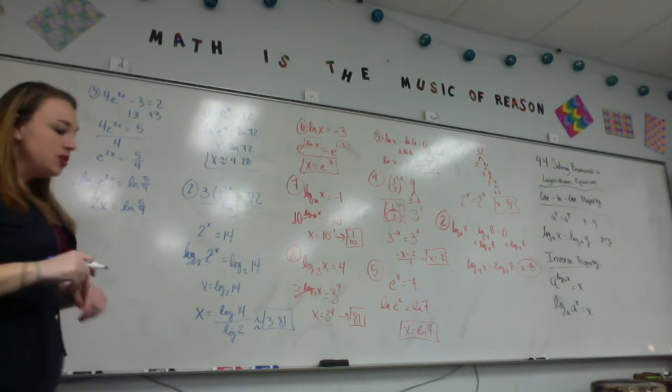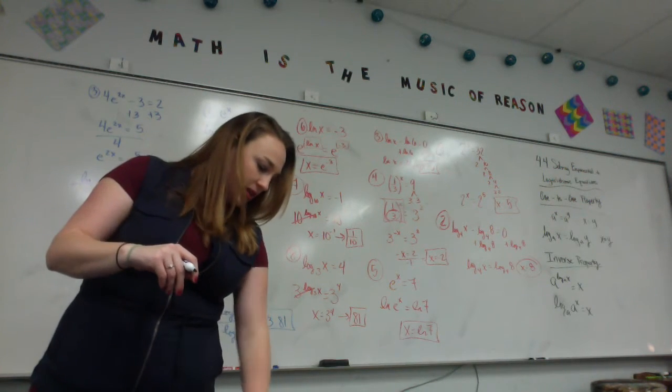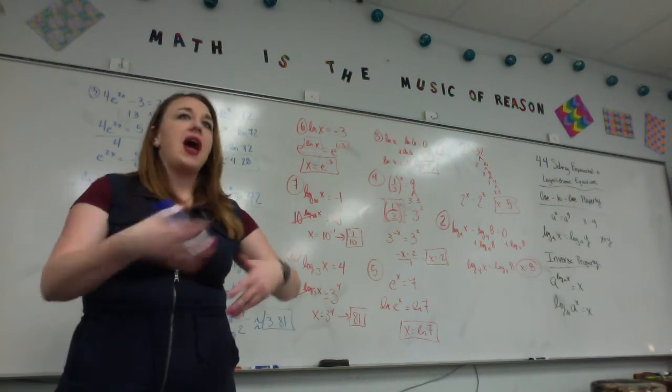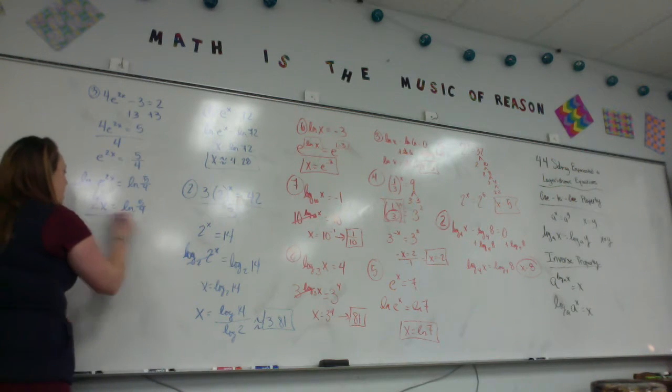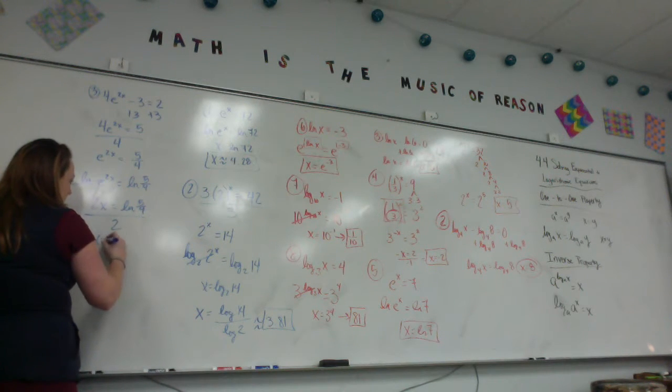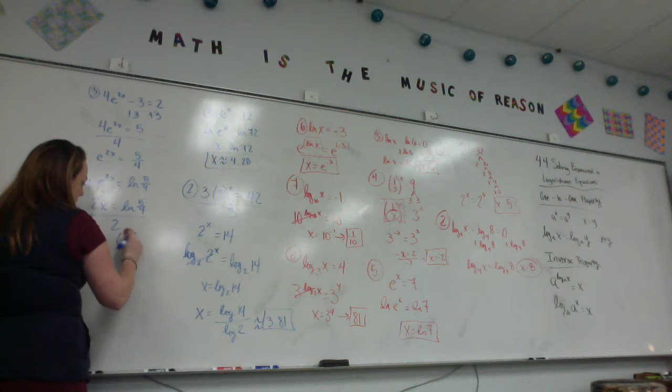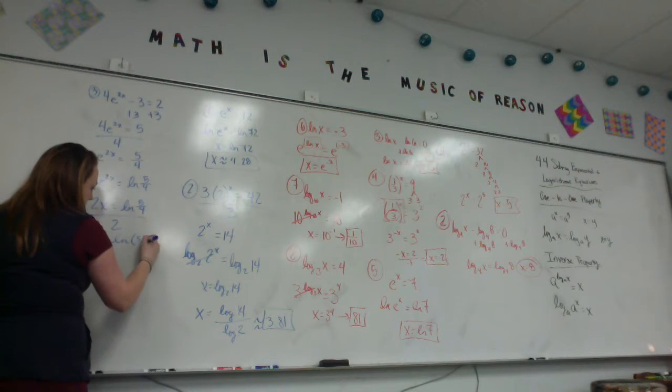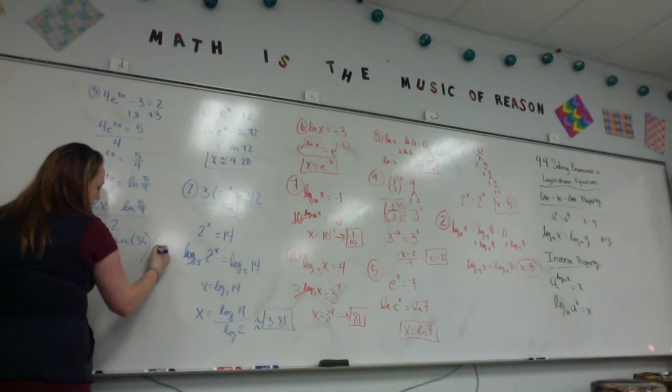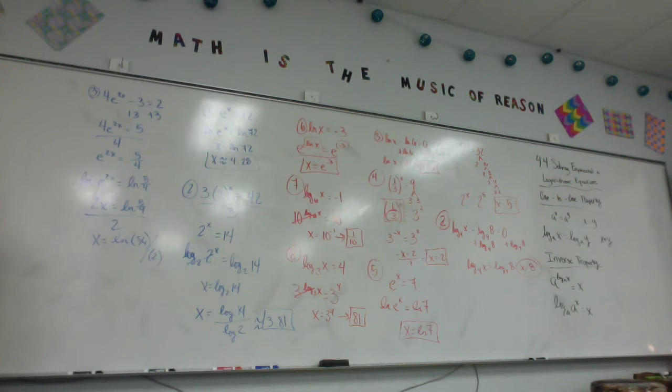How do you get rid of the 2? You divide, or I multiply by a half. Doesn't matter which one you do, okay? If I divide it in your calculator, make sure that you put parentheses: you're going to press natural log, parentheses, 5/4, divided by parentheses 2, like that, okay?